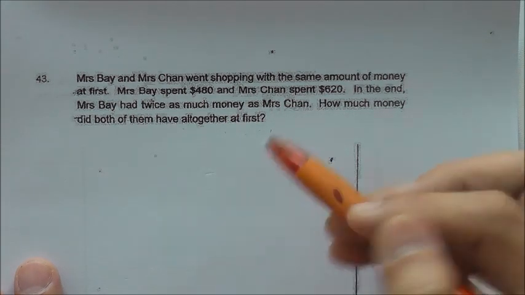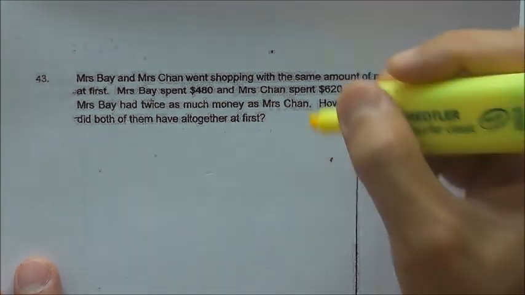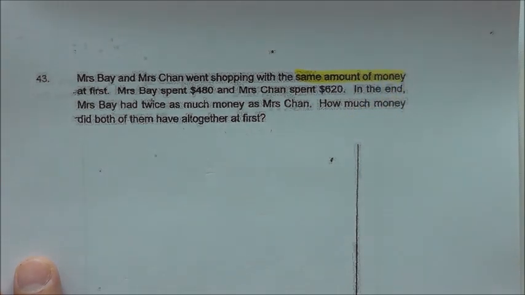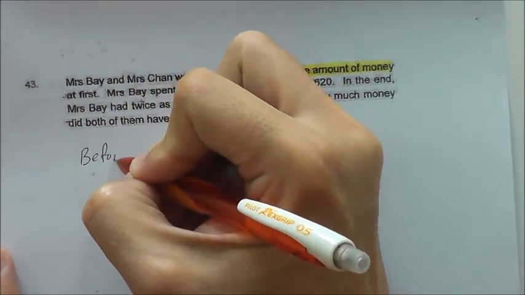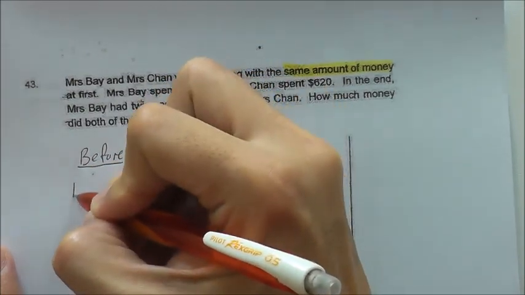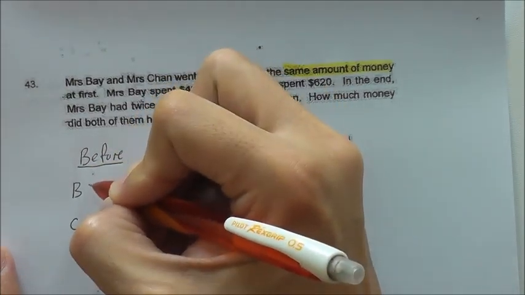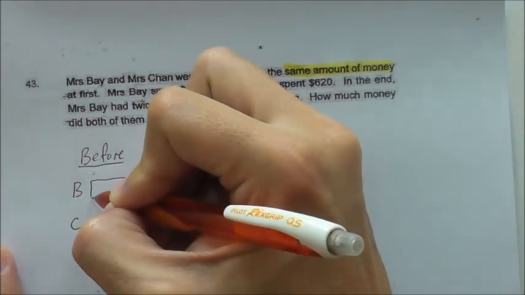Yes, we know that at first, they have the same amount of money. So this is what I will draw before. Mrs. Bay and Mrs. Chan, they have the same unit.